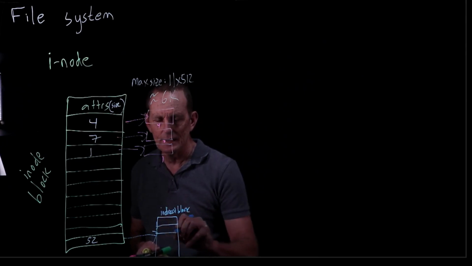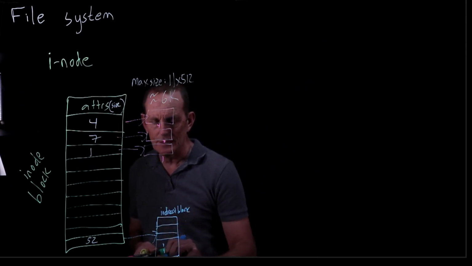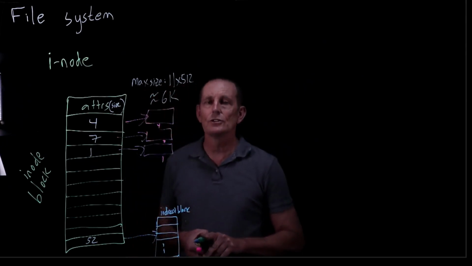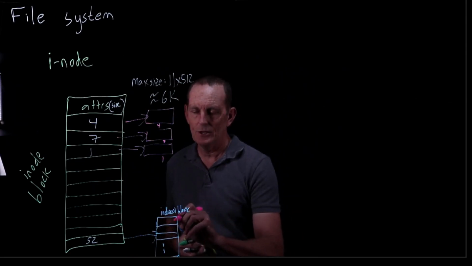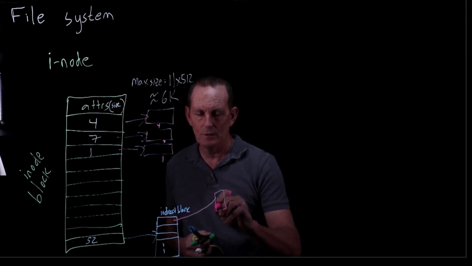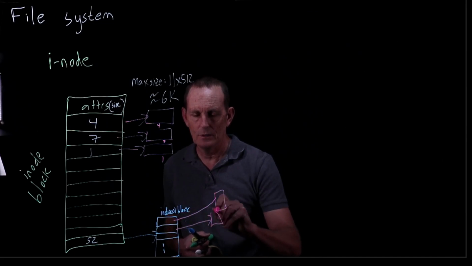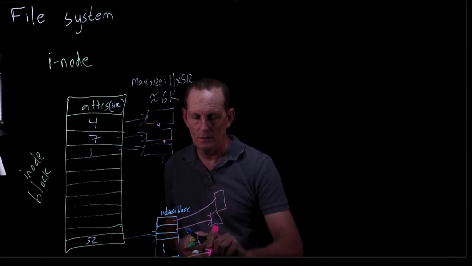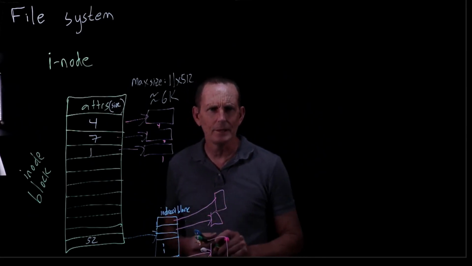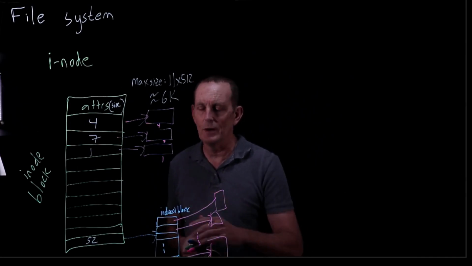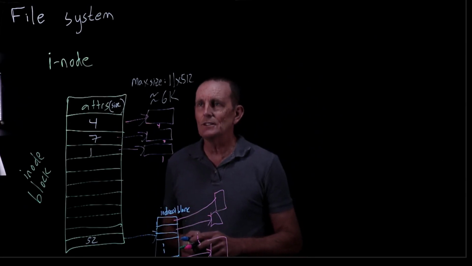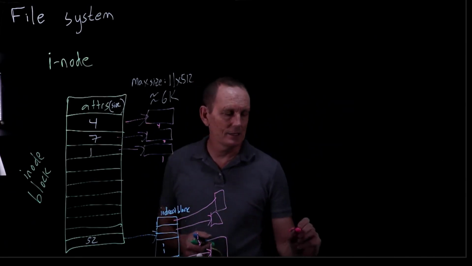That is, it's going to be a bunch of pointers to direct blocks, like so. So we'll go ahead and have a bunch here. So now all of a sudden, our max size is bigger.